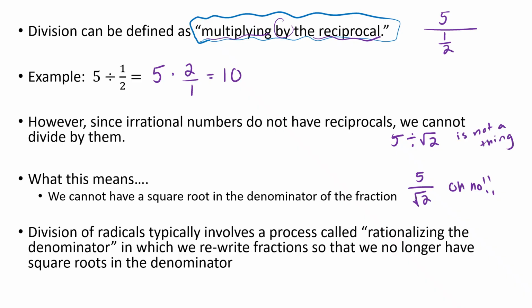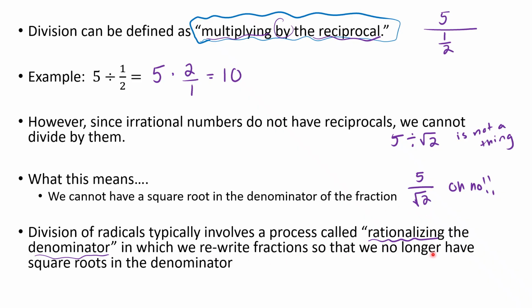Division of radicals, which I know you've been waiting 8 minutes to get to, like, when are we going to divide the radicals? Division of radicals typically involves a process called rationalizing the denominator. In this case, rationalizing means to make the denominator rational. So if you have something where the denominator is irrational, we want to rewrite that so that the denominator is rational.